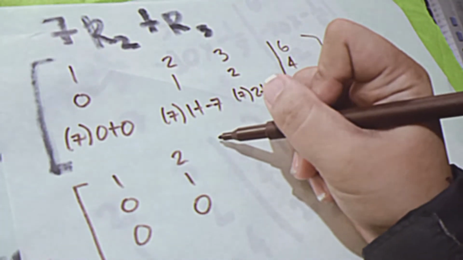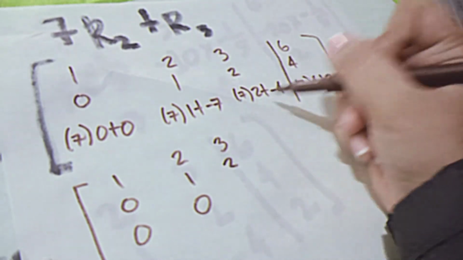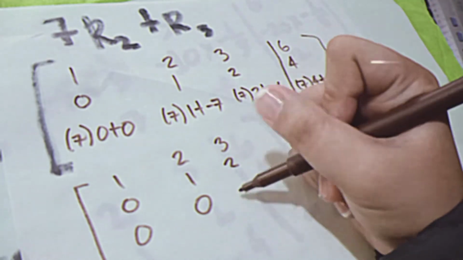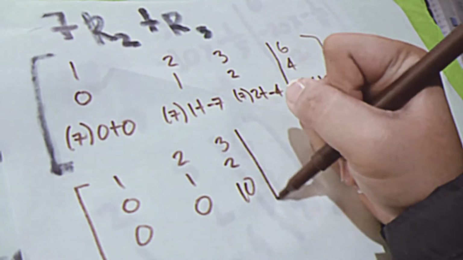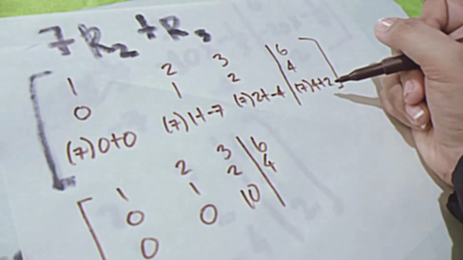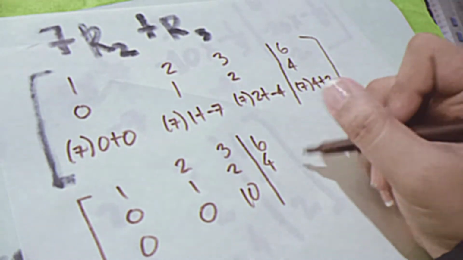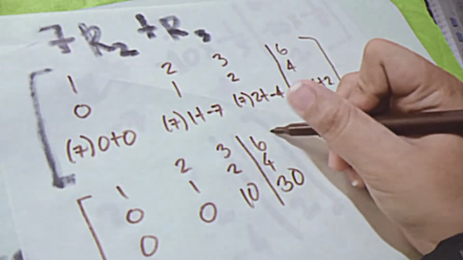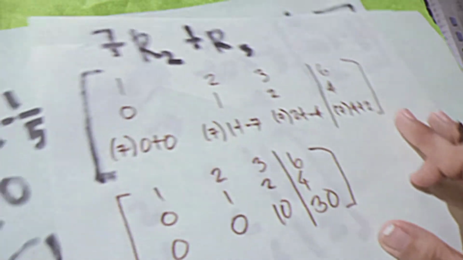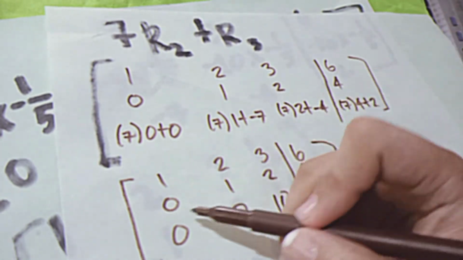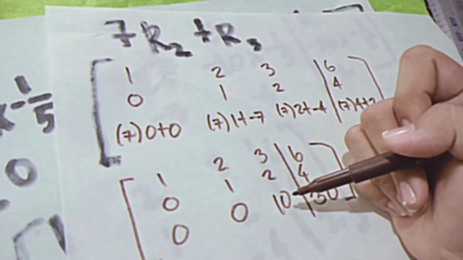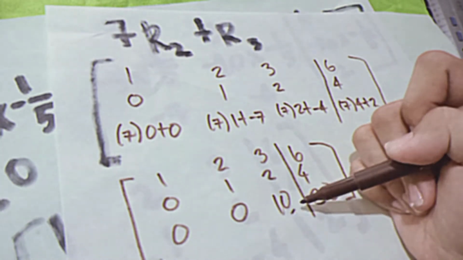Then, 3, 2, 7 times 2 plus negative 4 is 10. 6, 4, 7 times 4 plus 2 is 30. So, ayan na. Meron na tayong tatlong 0 dito. Kailangan na lang natin is ito ay maging 1.